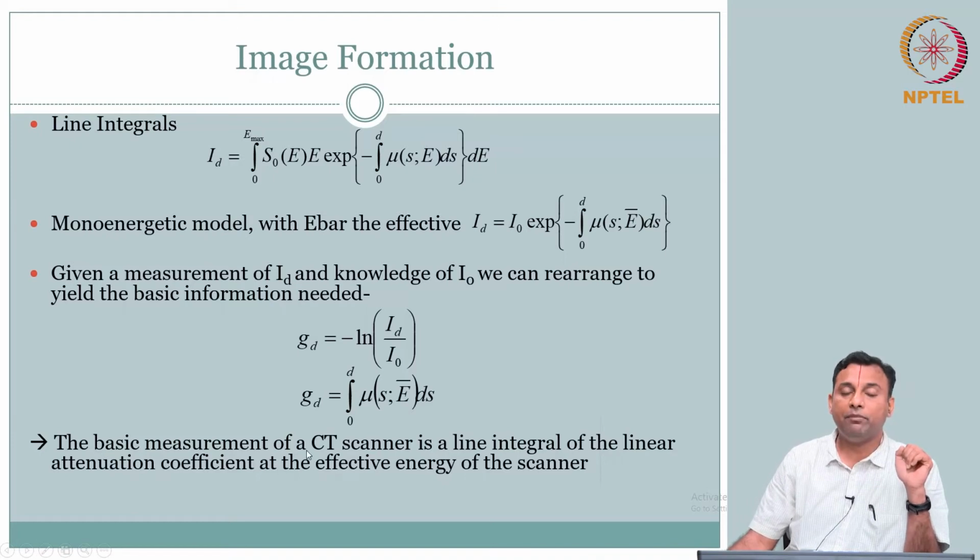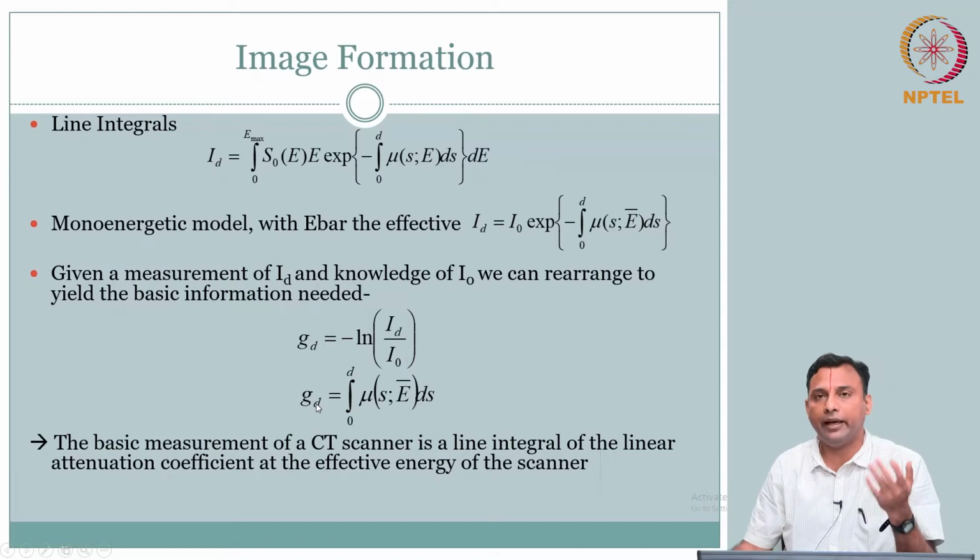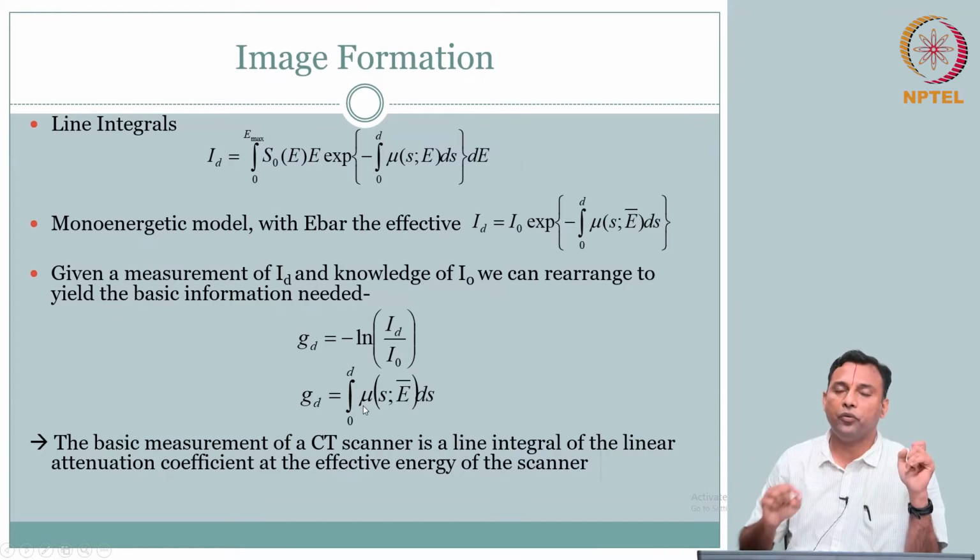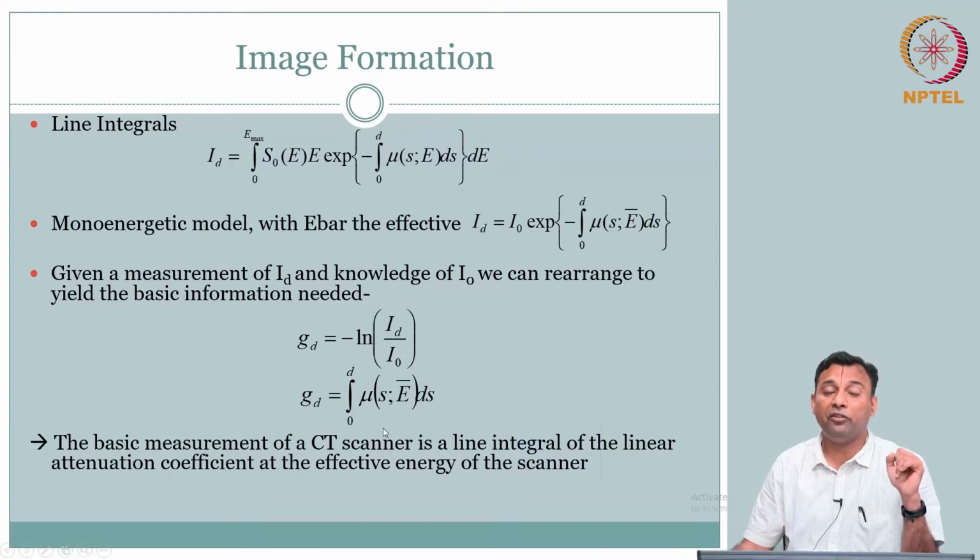Okay. So this is the basic measurement. Now we are going to see how we are going to get at it. Before we do that, we should appreciate that this is a function of mu. But if you look at the values of mu for biological tissues, like bone, muscle, fat, the difference between the mu is very small.